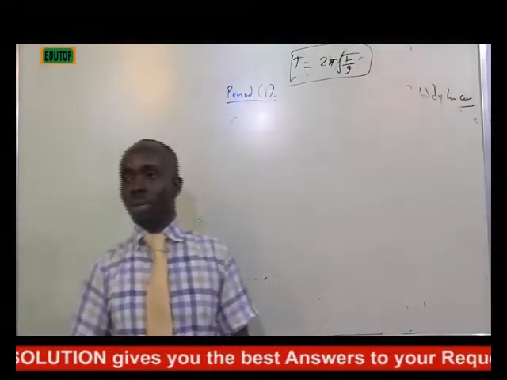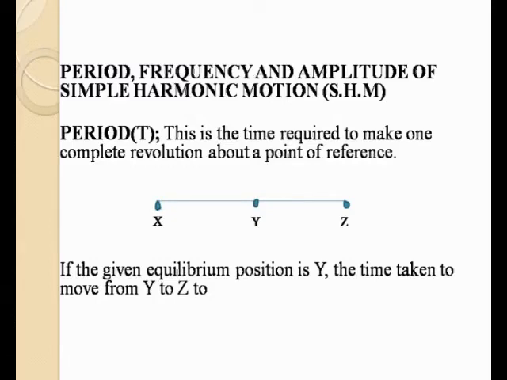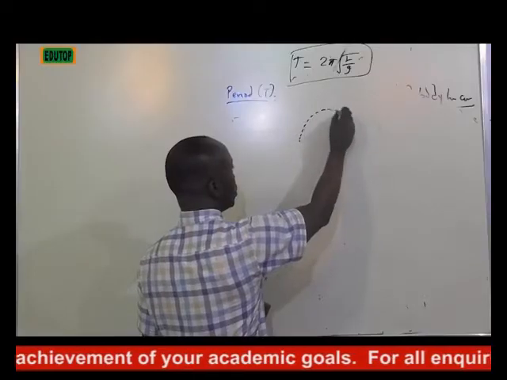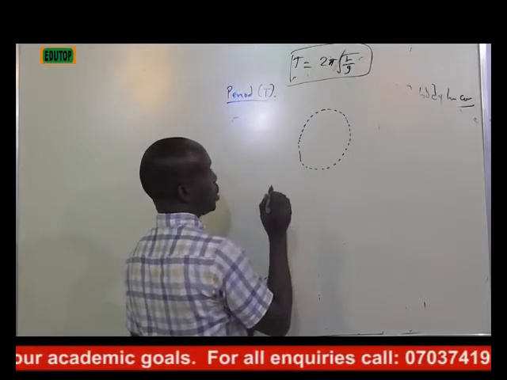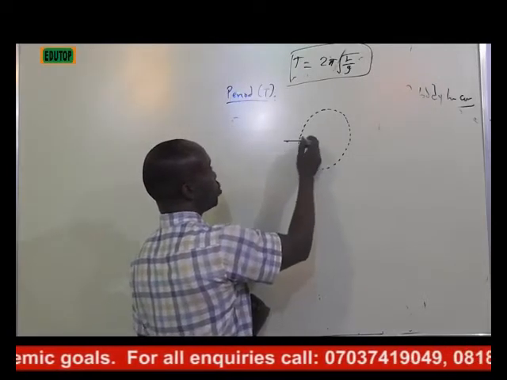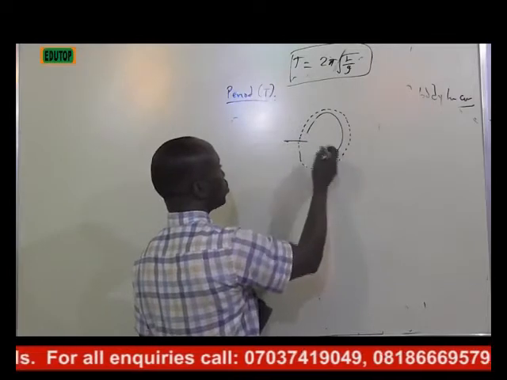Now, what does that period mean? It is the time required to make one complete oscillation, to make one complete revolution about a point of reference. The time you need to move from here, this is like a circle. Are you seeing it? So this is one complete revolution.